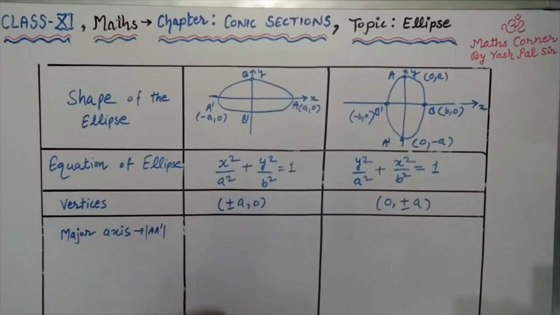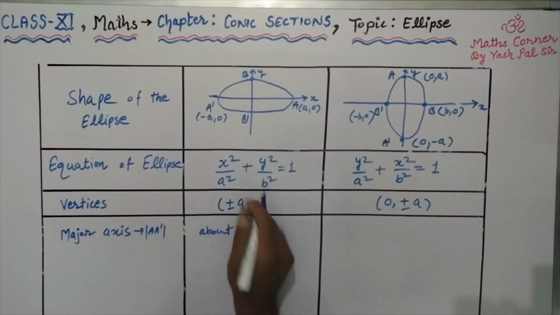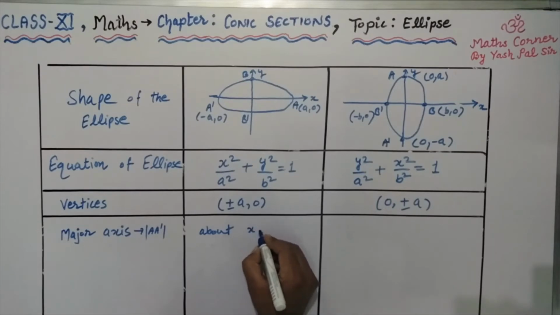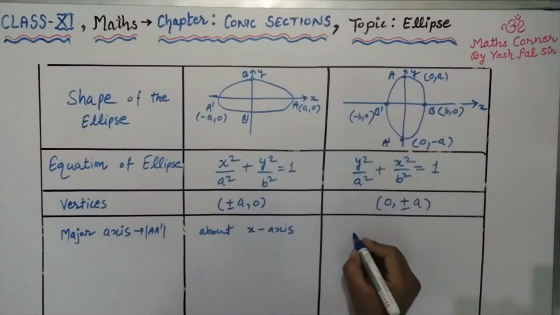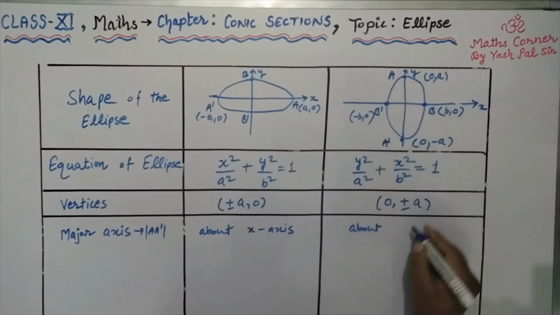This distance is called the major axis, the length of the major axis. In the first case, the major axis is along the x-axis, and in this type the major axis is along the y-axis.